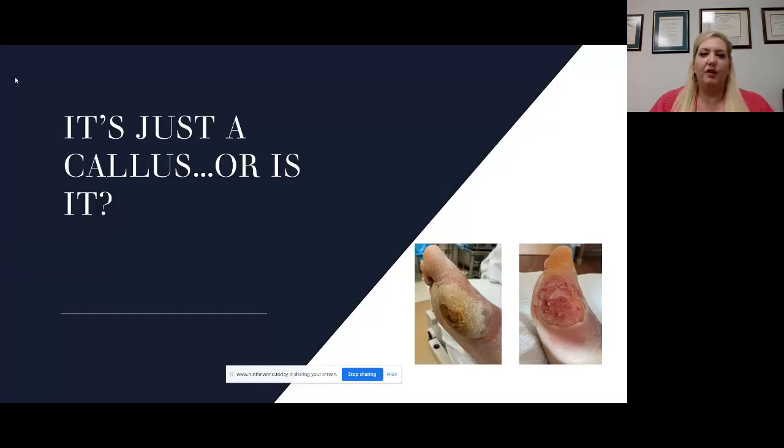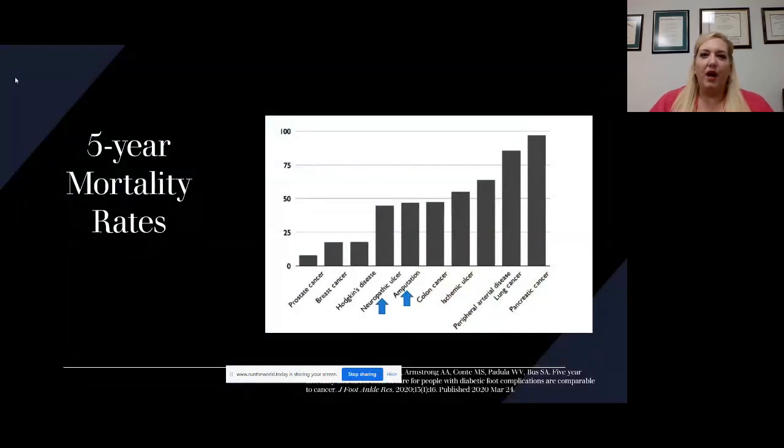So we want to prevent it when it's just a callus. We want to stop it from forming. We don't want an ulcer to develop. And this is why, if you look at patients' 5-year mortality rates, they skyrocket once a patient develops a diabetic foot ulcer or has to undergo a lower extremity amputation. In fact, the 5-year mortality rate in these patients is greater than those patients with prostate cancer or breast cancer or Hodgkin's disease.